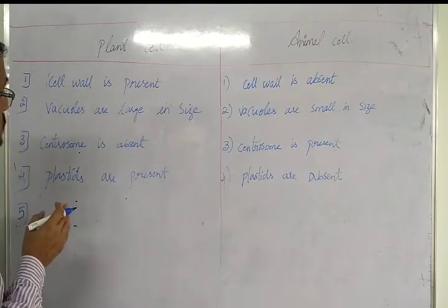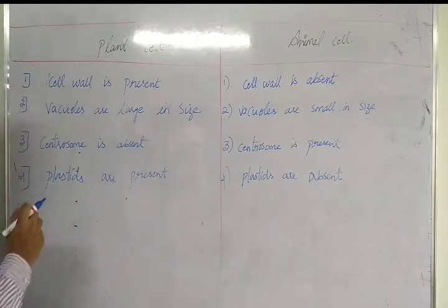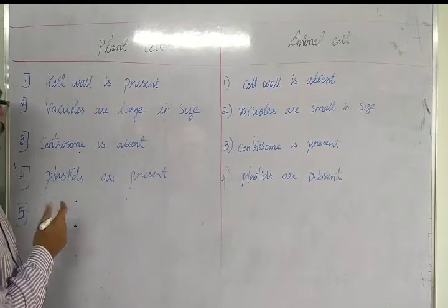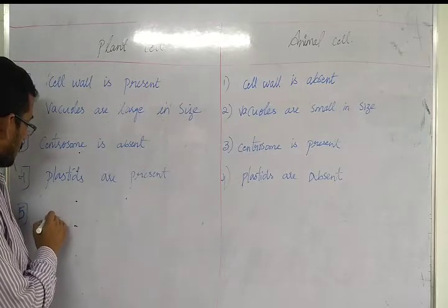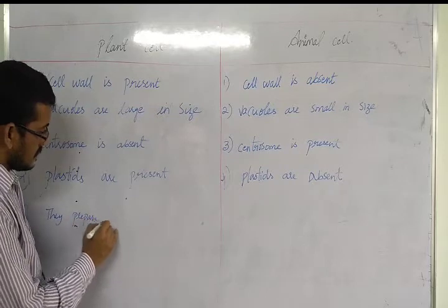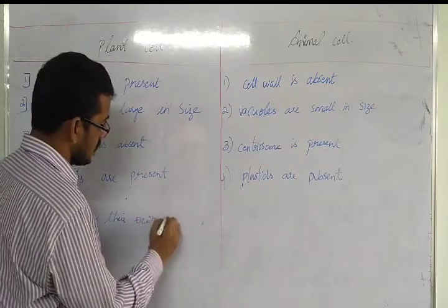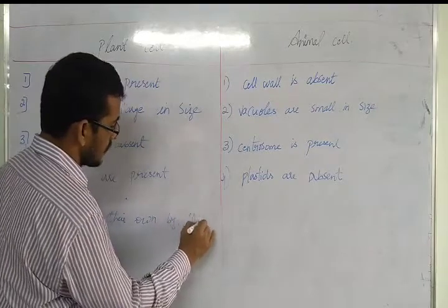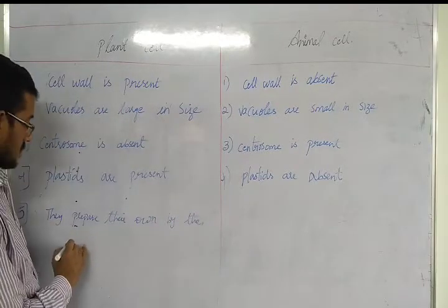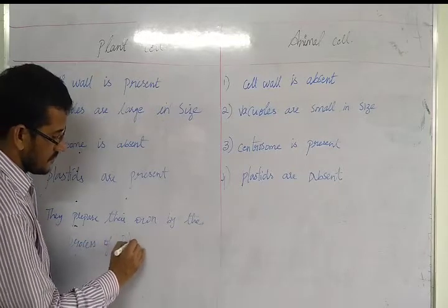In plant cells, they can prepare their own food by the process of photosynthesis.